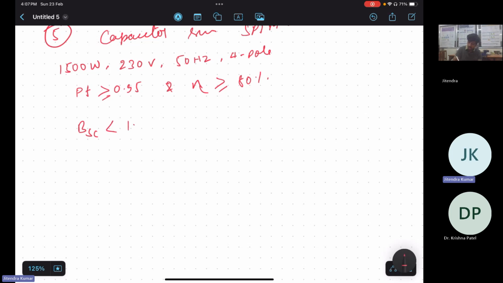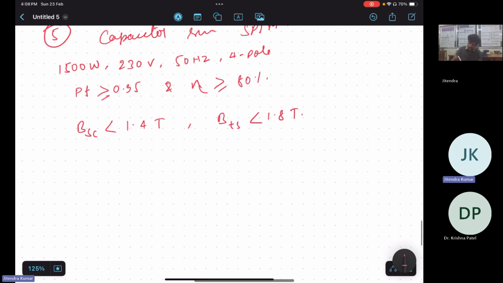Just in the previous questions, I discussed that higher flux density level will lead to saturation of the machine and excessive iron losses. Stator teeth should not be higher than 1.8 Tesla. Number of stator slots should not be higher than 36, so it should be less than 36.